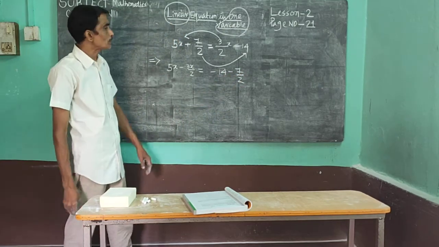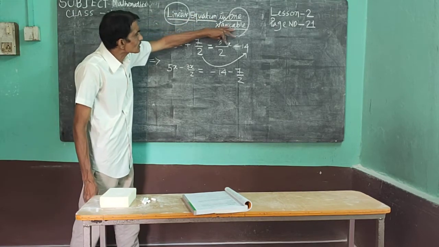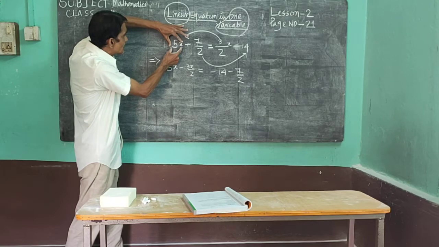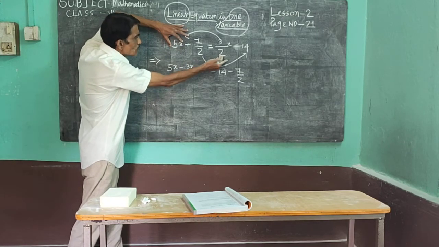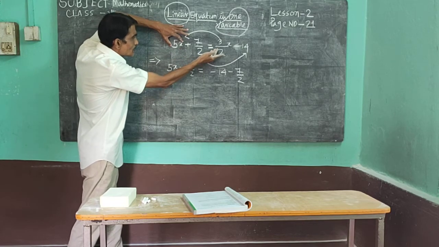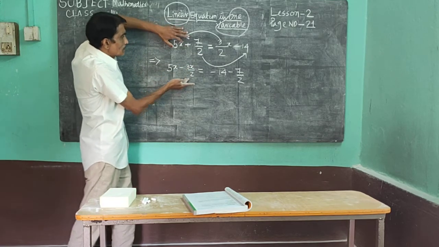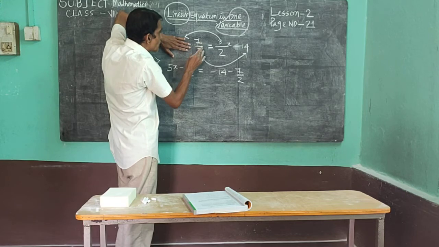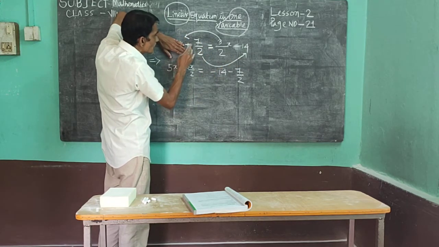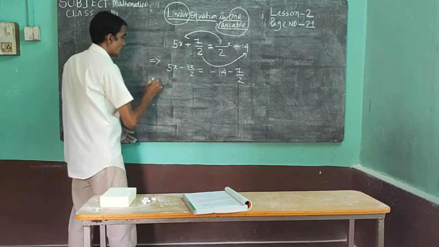Look at the blackboard carefully. Here 3x upon 2 I kept in one place. That means in the LHS I have 5x. I took 3x by 2 from the RHS to the left hand side and it changes its sign. Similarly, the number 7 upon 2, I have to take from LHS to RHS with the plus sign, it will be minus sign.